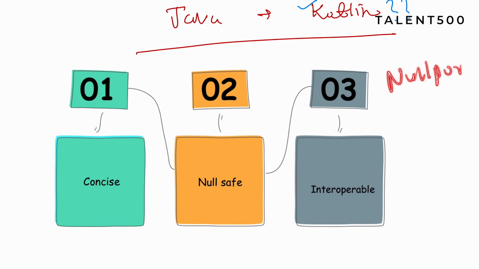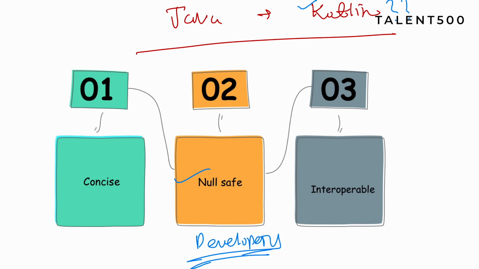Your application will crash at the point where you try to access a null value, right? So Kotlin provides null safety, which is a very useful feature for developers. It helps us overcome the null pointer exception issue which we used to face as Java developers.